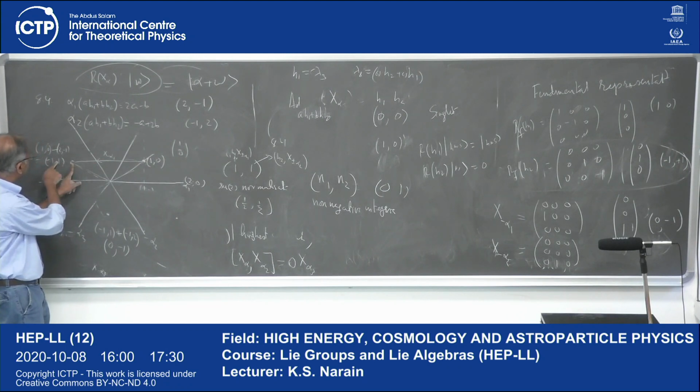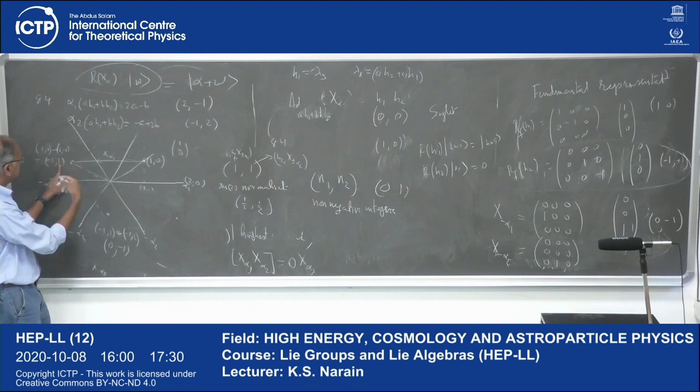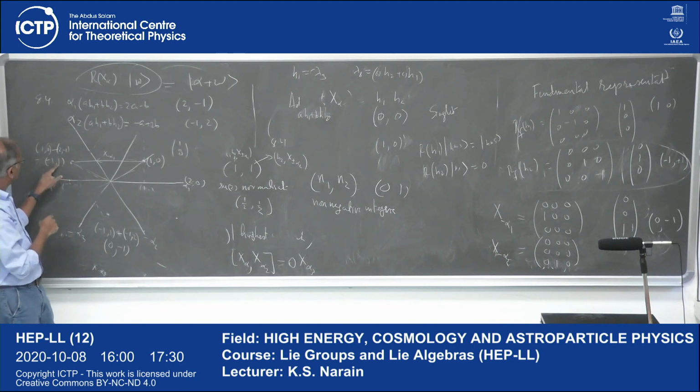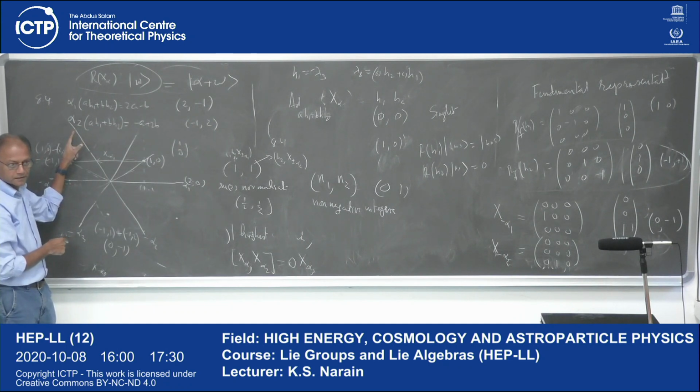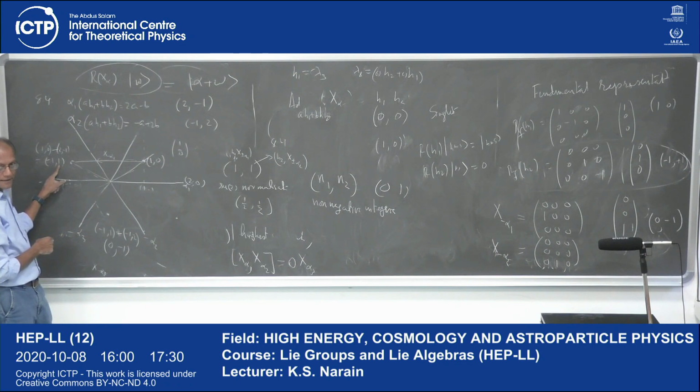But now if I look at this, that 1 says this has an H2 quantum number 1, which means that in the previous notation it would be spin half with respect to this SU2, with the second index.